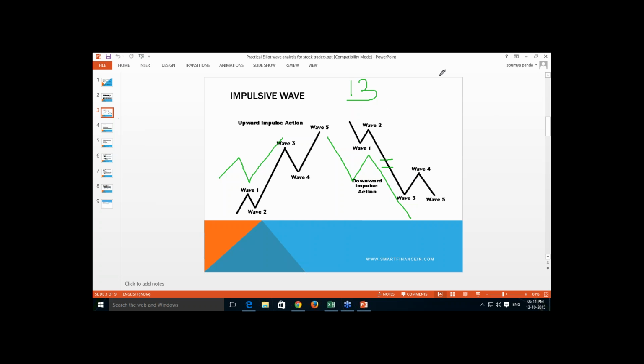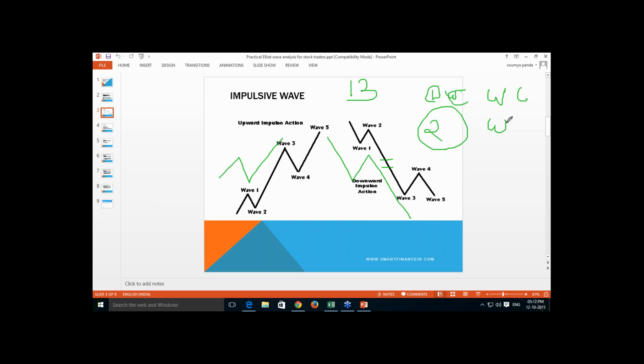While studying this Elliott wave structure, we have two different approaches to study. One is the wave construction approach, another is the wave count approach. Whenever we talk about the wave construction approach, we construct the ABC wave or the 1, 2, 3, 4, 5 wave, and we say that this wave has ended and the next wave is going to start.